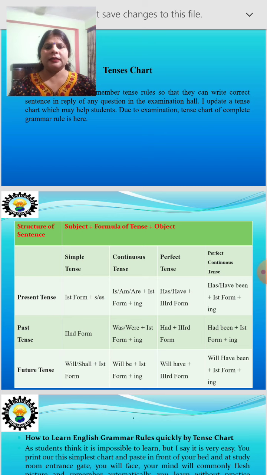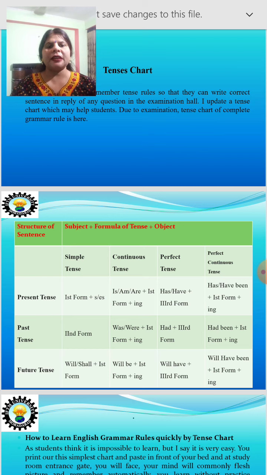In present tense, in present indefinite tense, we use first form of the verb plus s or es. In continuous tense, we use is, are, am plus the first form of the verb plus ing. In perfect tense, we use has or have plus third form of the verb.